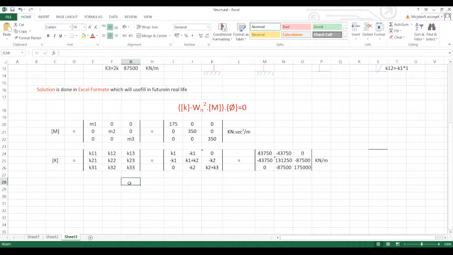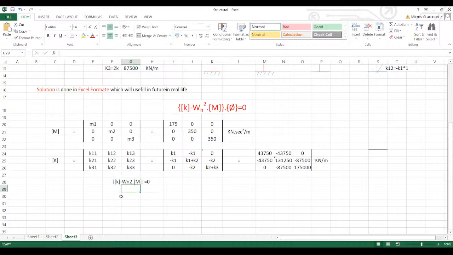See, our characteristic equation is this: determinant of the K matrix minus omega square times the M matrix is equal to 0.